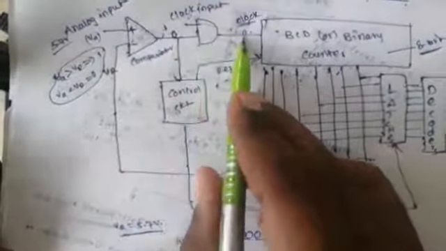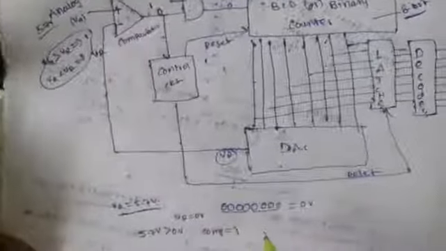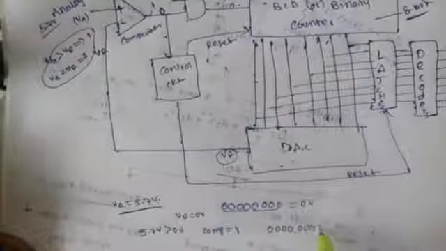Then a clock pulse is produced to the binary counter and it is incremented by 1, so it will be 0 0 0 0 0 0 0 1.